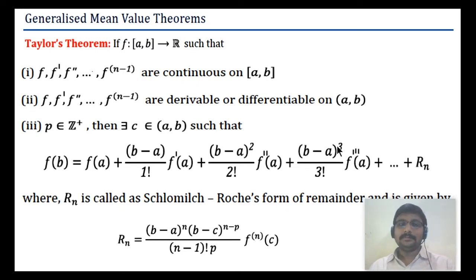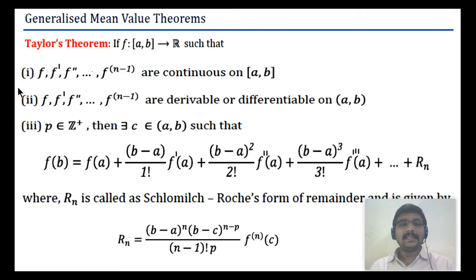Taylor's theorem statement: if f from closed interval [a,b] to R, where closed interval [a,b] is the domain of the function and the real number set R is the range of the function, so the function is defined from [a,b] to R such that f', f'' and so on, up to the (n-1)th derivative of f, are continuous on closed interval [a,b], and these functions are also derivable or differentiable on open interval (a,b), and p is a positive integer, that is p belongs to Z+.